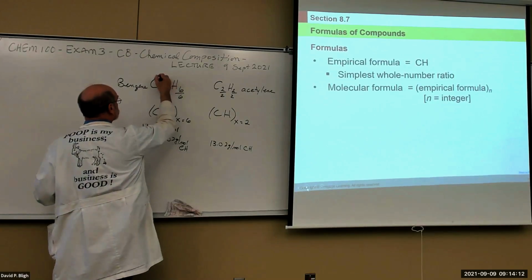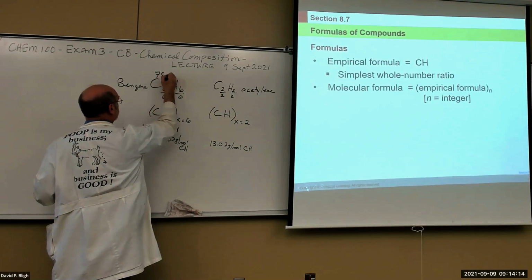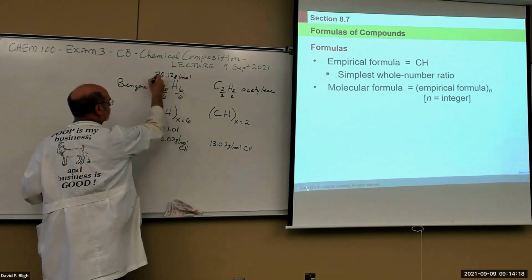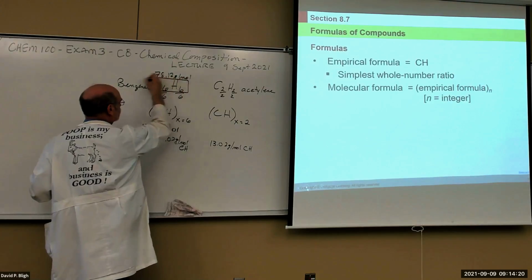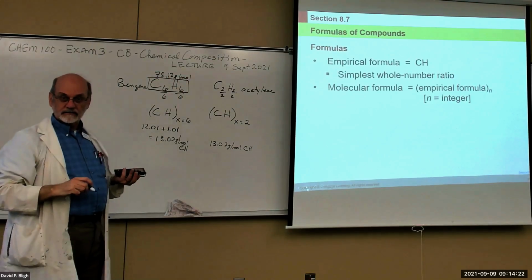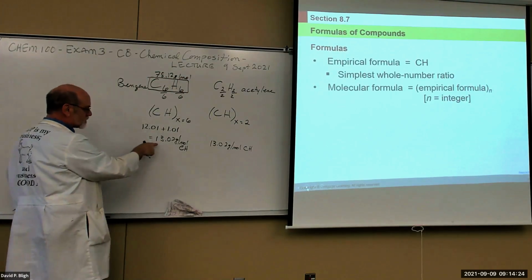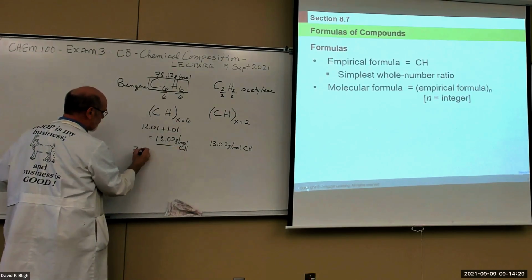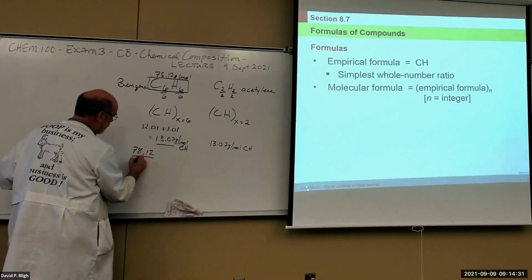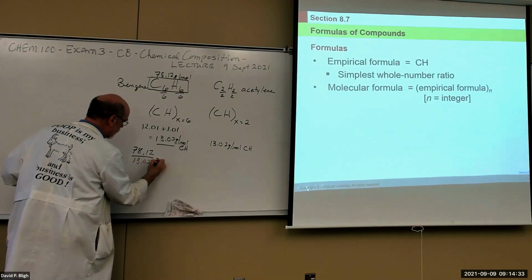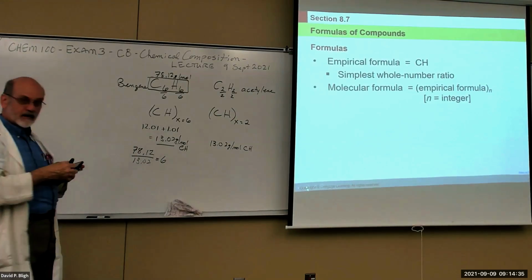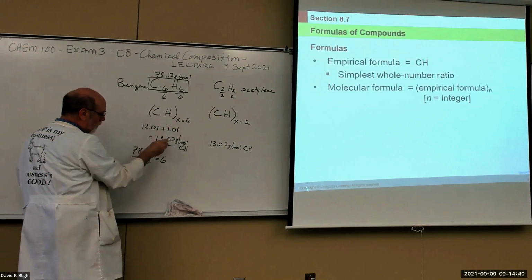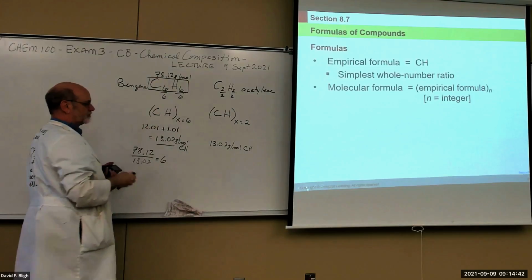So this one is 78.12 grams per mole of this formula. What's the relationship between this one and that one? 78.12 divided by 13.02 equals 6. That's exactly the number we need here to go from this one to that one.